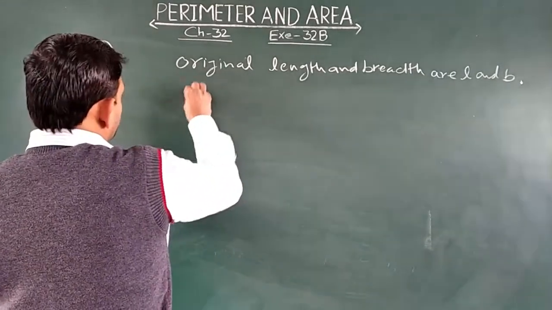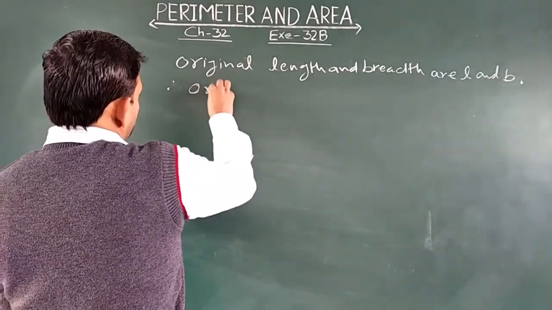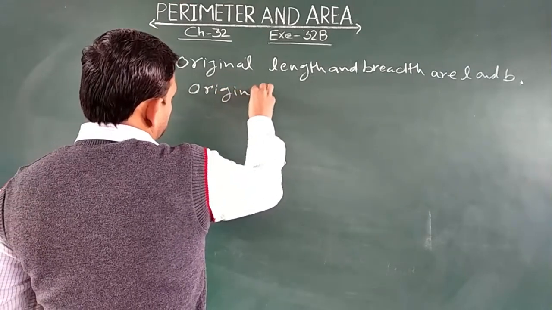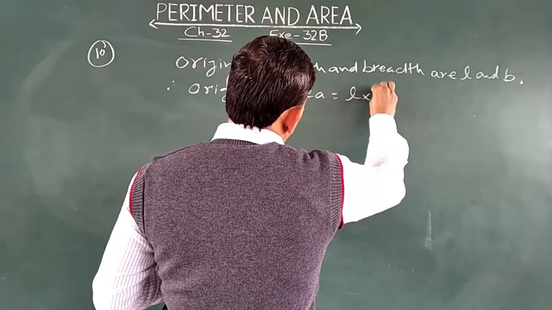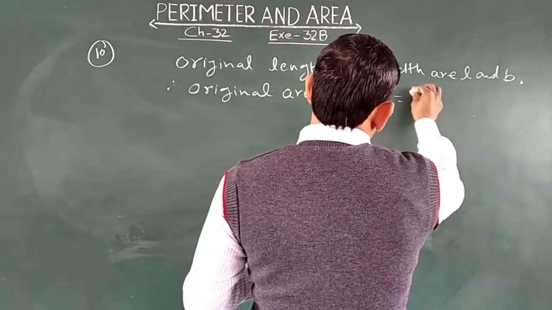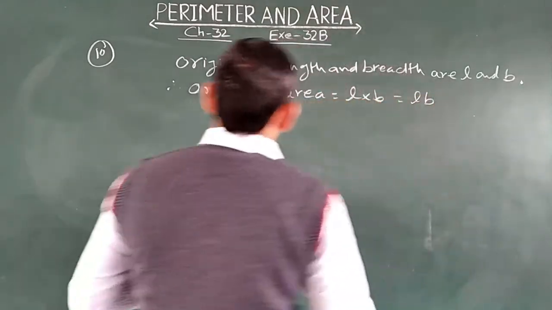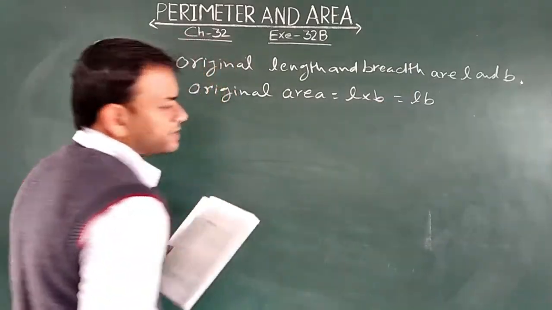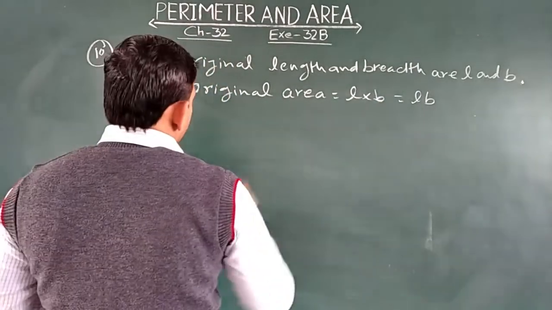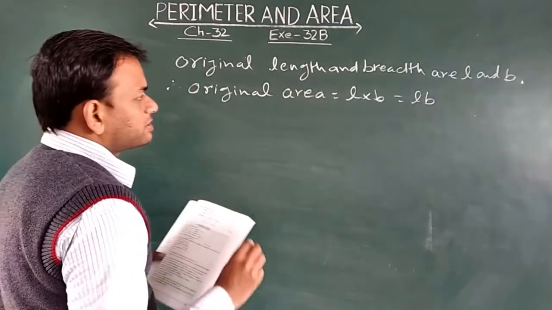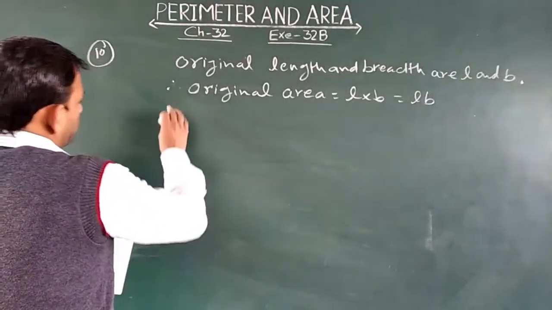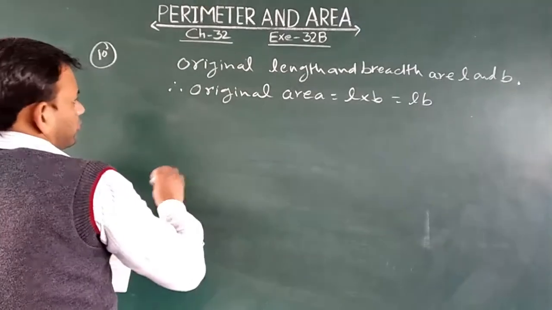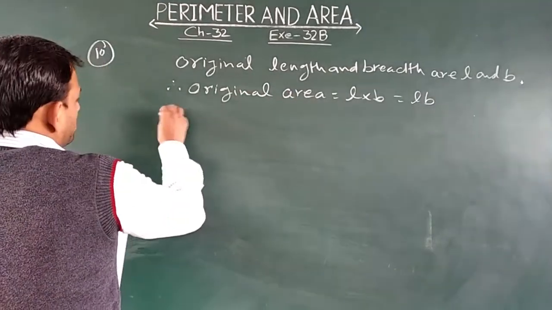So original area will be L into B. L into B will be LB. Okay, the original area will be LB. Got it? And the question is saying that length and breadth both are tripled. Okay, both are made 3 times of the original.